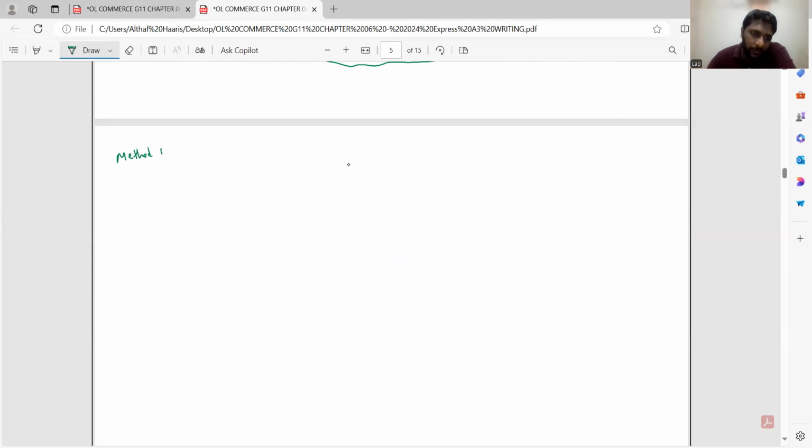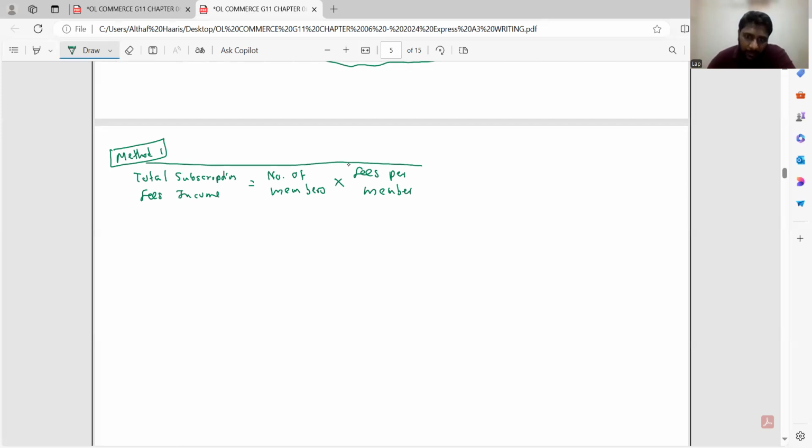Method 1, total subscription fees income equals number of members into fees per member. This is one method.